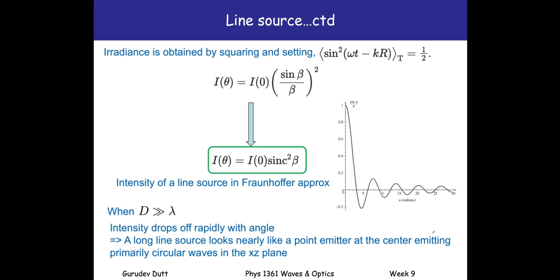So for the long line source, the intensity is mostly confined to the central region, so the line source just looks like a point emitter, right? Because it has some intensity right at the center when theta equals 0, and then vanishes away from that.